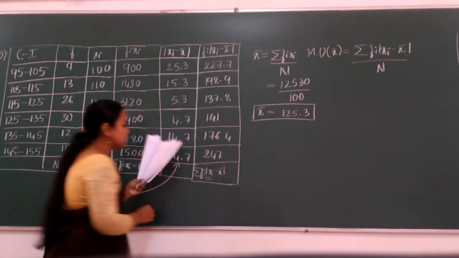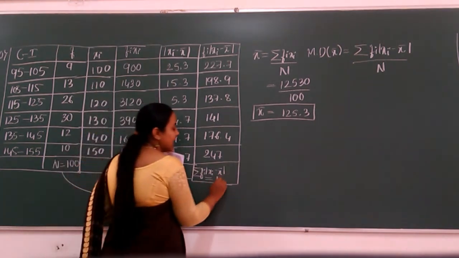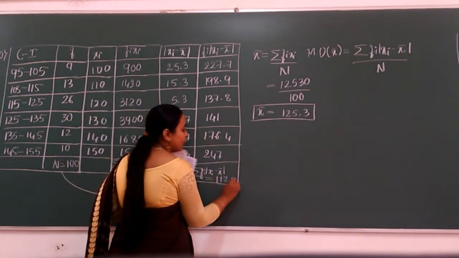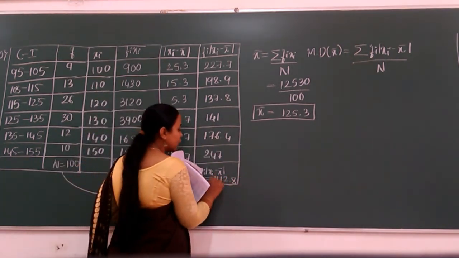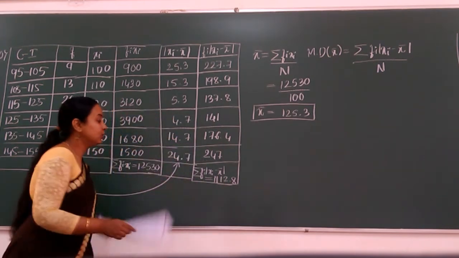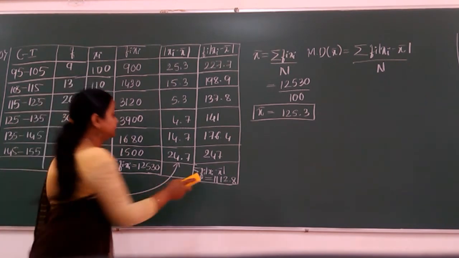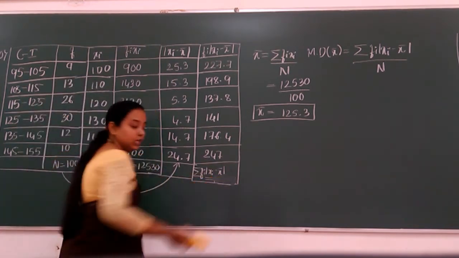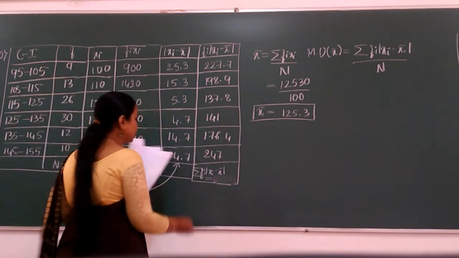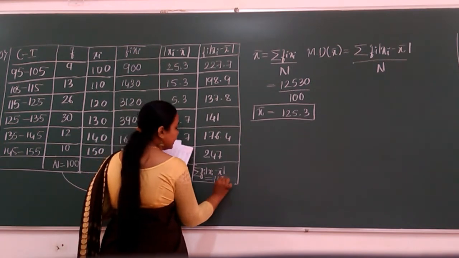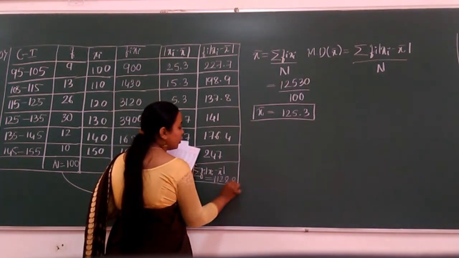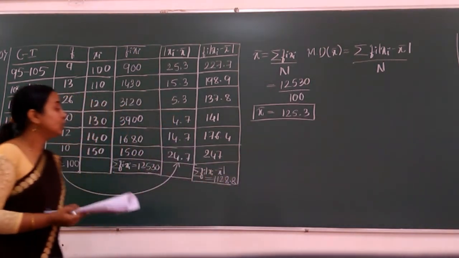So what will this total be equal to? Sorry, it is 1128. The total sum will be equal to 1128.8.